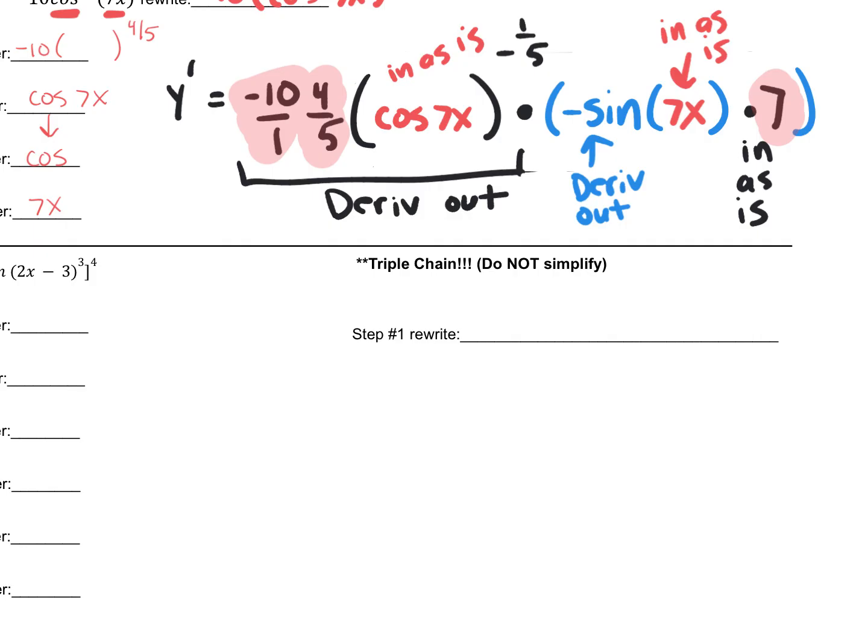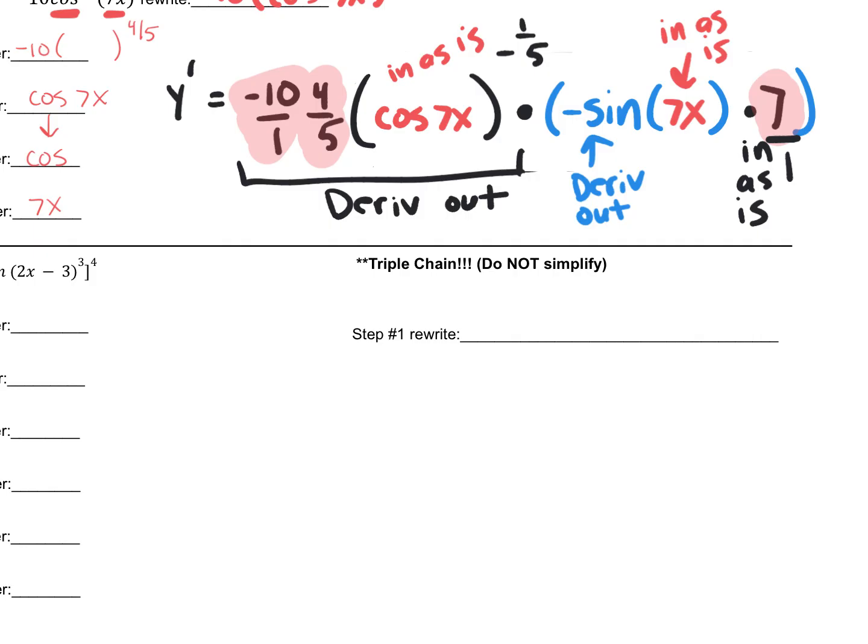And it wouldn't be the worst idea to make 7 a fraction. Okay, so if we multiply these three numbers together, if we multiply the tops, 10 times 4 is 40. 40 times 7 would be 280, and then 280 divided by 5 would give us, I think, negative 56.